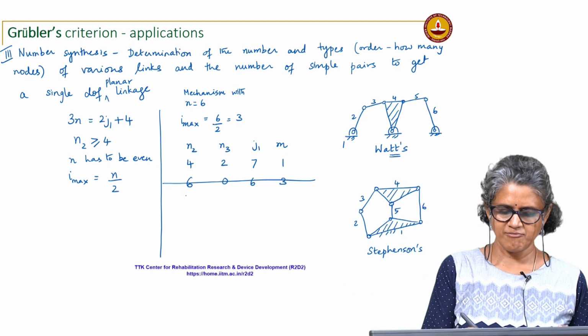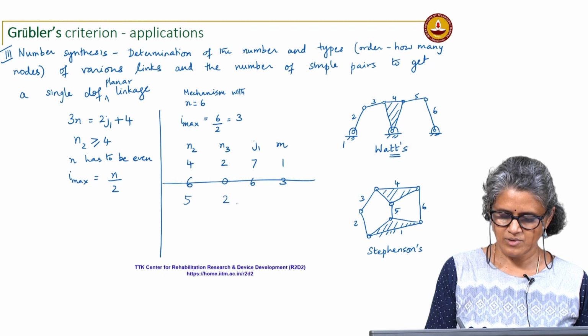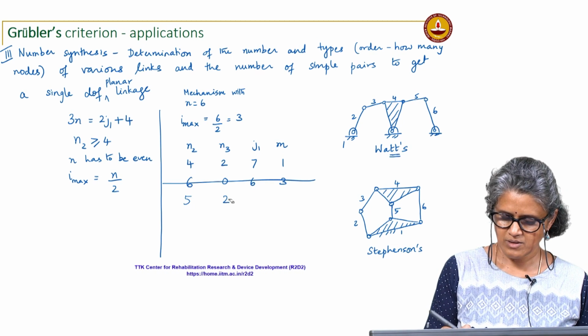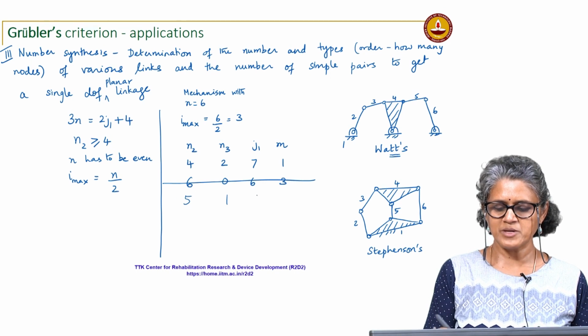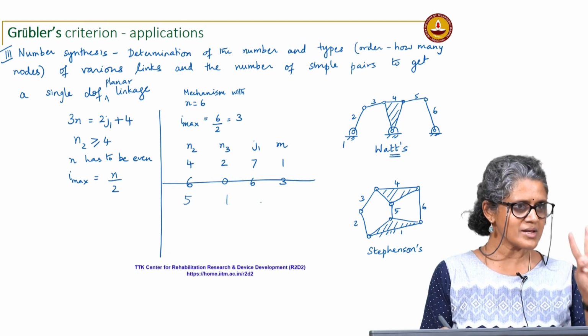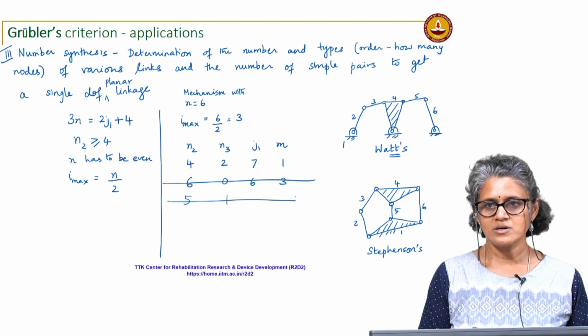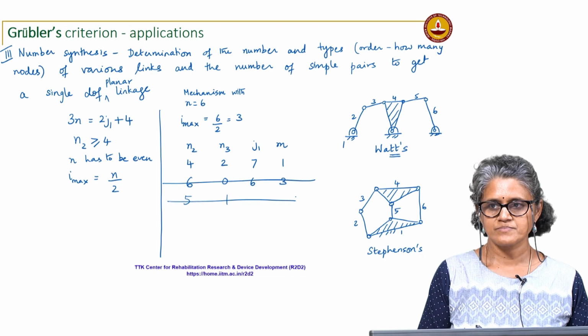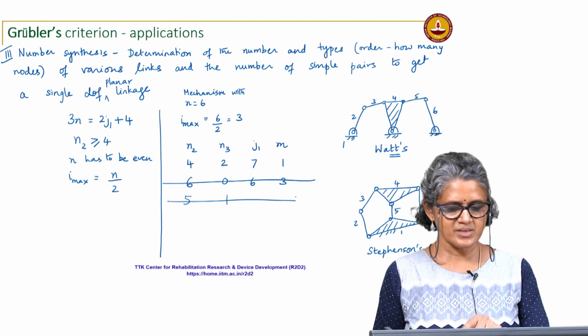Again here 5 and 1 is not possible, we could have tried it, but ternary links have to be in pairs. So, this is also not a possibility because you will get a fractional J1 in this case.